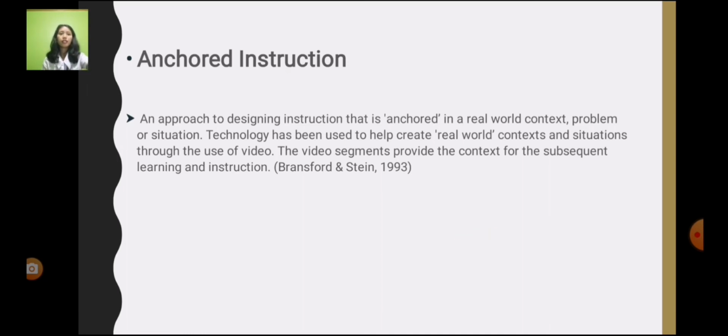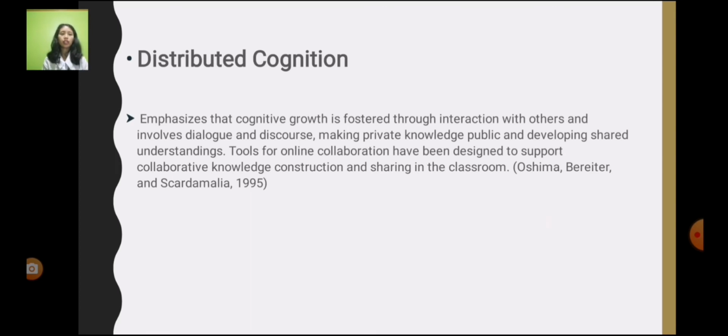Next is distributed cognition. It is an approach that deploys the models of the extended mind. It emphasizes collective brains to enhance cognitive growth. We learn from others' perspectives, ideas, and beliefs through interacting with them, in both dialogue and disclosure.